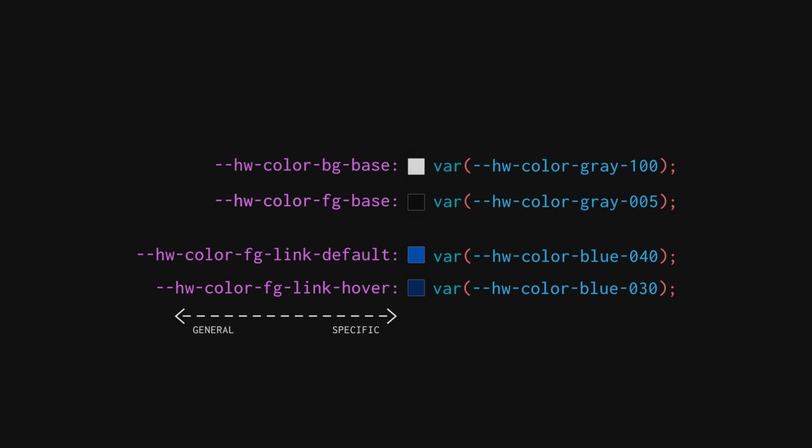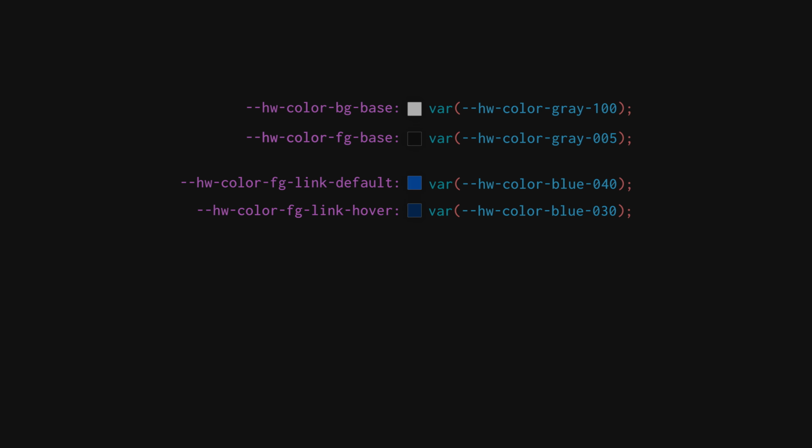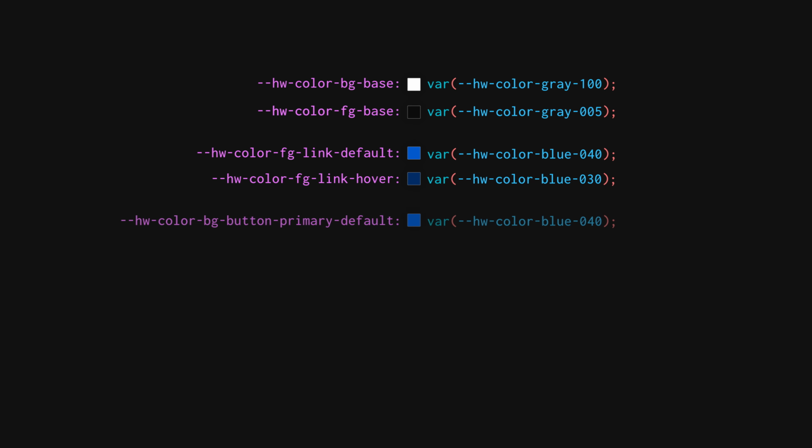So for a button, I name the variant, design system, variable type, how the color is used, what component we are using it on, the specific variant of that component, the state of that component. So my default button background is --HW for my design system, color, BG, button, primary, default.